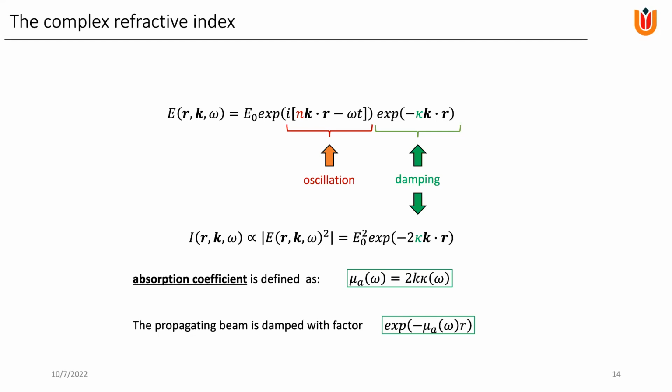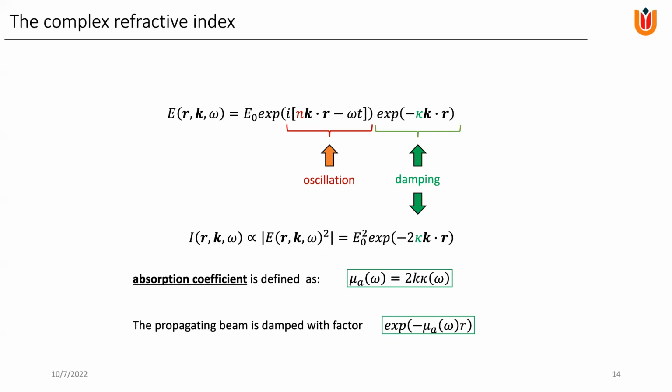We have an oscillation term that still remains, that only depends on the real part of the refractive index. And we get this purely real exponential decay, or damping, that contains the imaginary part of the refractive index. So what this is now is a traveling wave still, but one that is exponentially damped as it travels along. That's what the imaginary part is.